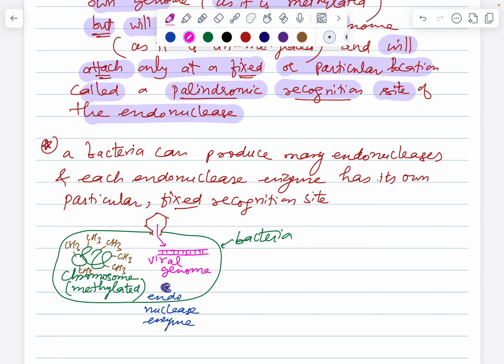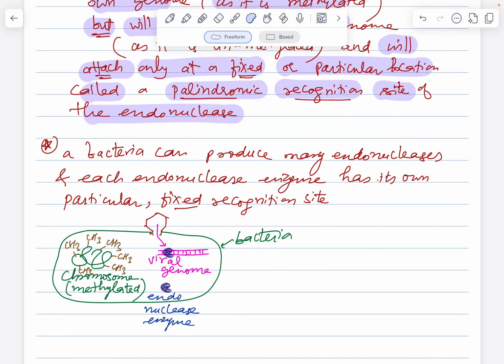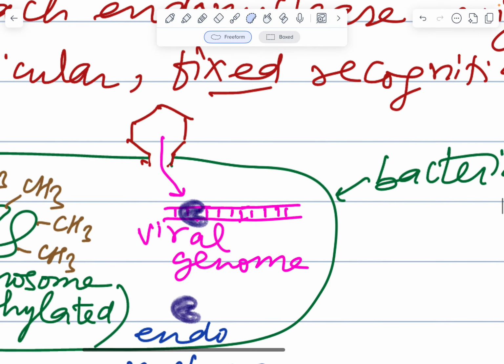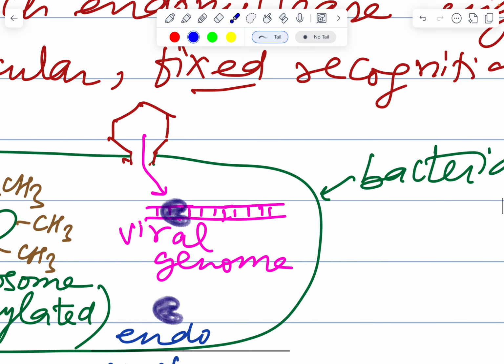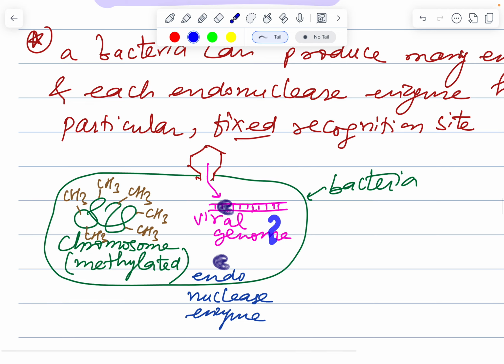Viral genome. And if it attaches to the viral genome, let's say over here like this, what is it going to do to the viral genome? At the place of attachment, cut it, so that the viral genome is converted into what? Two pieces. Maybe the enzyme then shifts here and attaches over here, cuts it. So now the viral genome is cut into what? Three pieces.